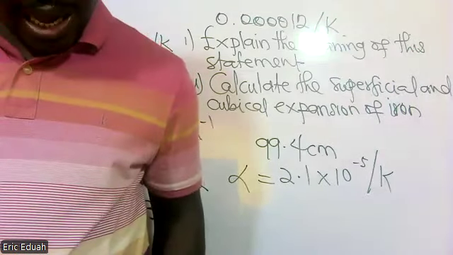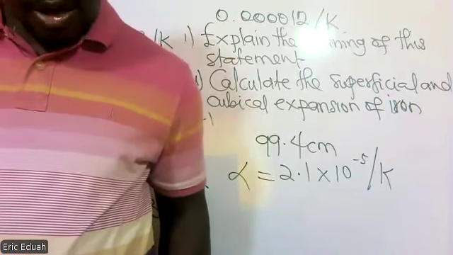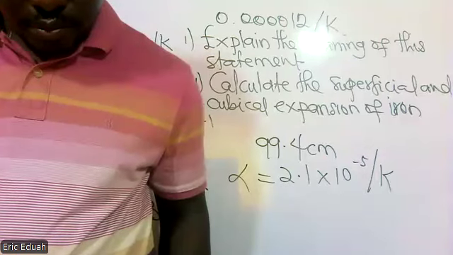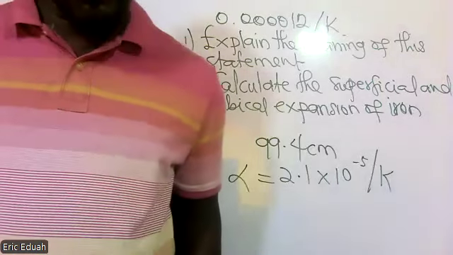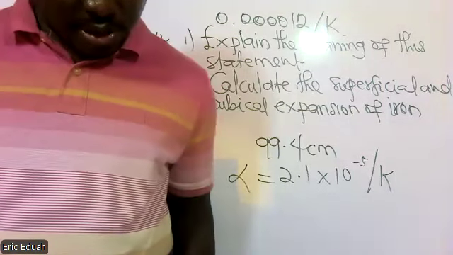A metal rod has a length of 99.4 centimeter at 200 degrees Celsius.